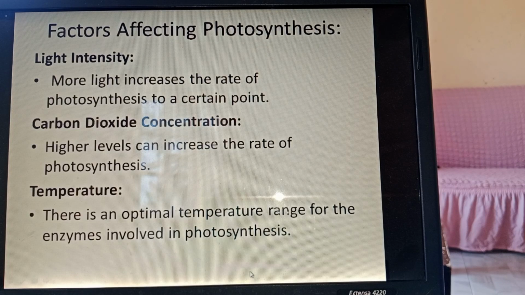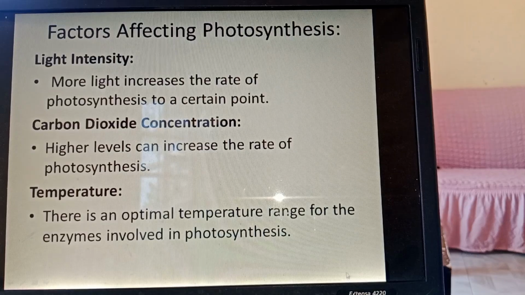So it must be optimum light intensity; it must not exceed the required. Carbon dioxide concentration: high levels can increase the rate of photosynthesis. Temperature: there is an optimum temperature range for the enzymes involved in photosynthesis.